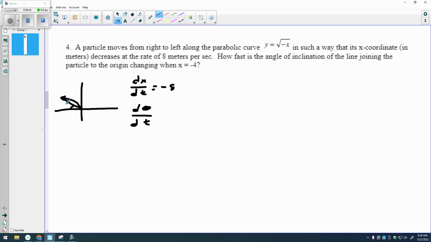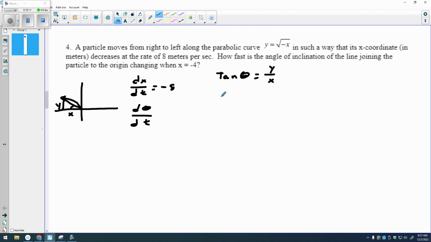Okay, so this right here is my y value. This right here is my x value, and this right here is my theta. I'm not going to try to write a theta in there. All right, so looking at those, I know that my trig function that deals with opposite and adjacent is tangent. So tangent theta is equal to y over x, opposite over adjacent.